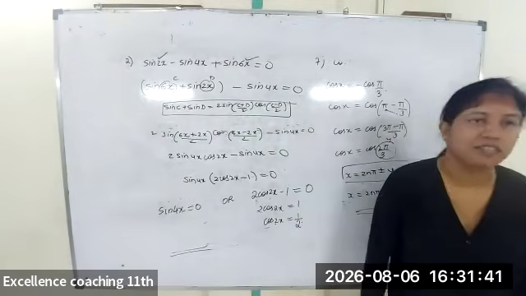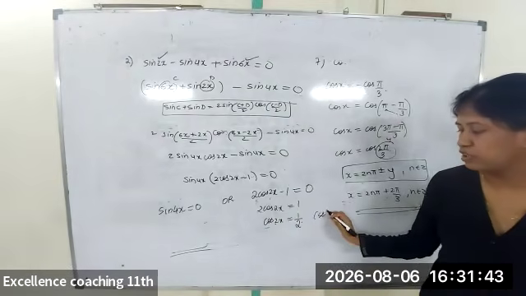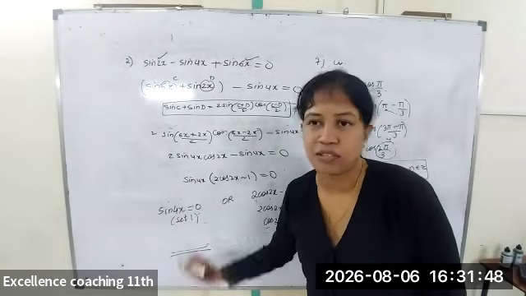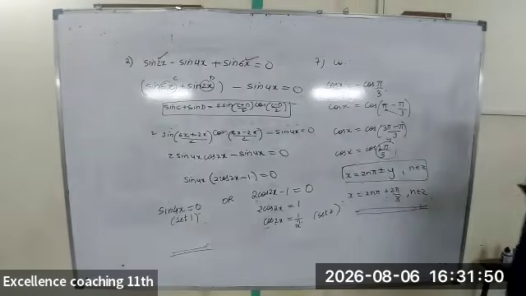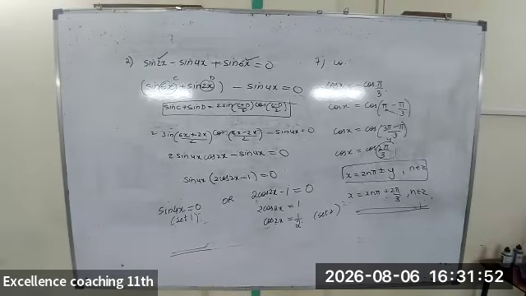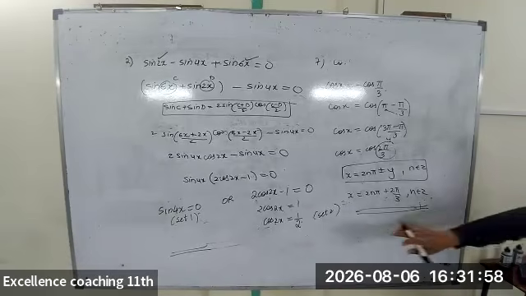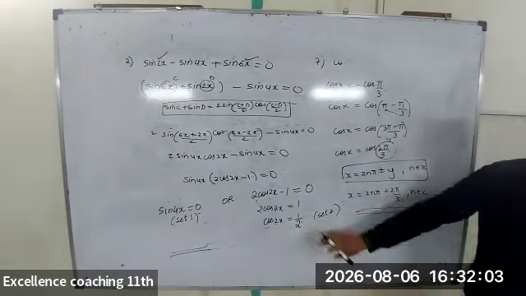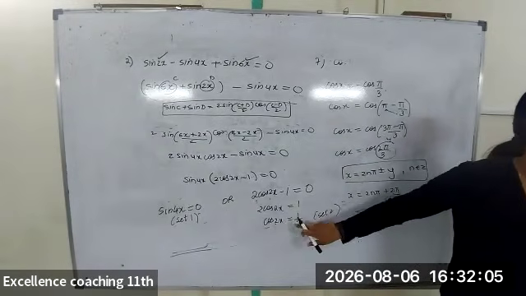Let's see, this is which category? Set 2. This is which category? Set 1. So write the solution. Understood everybody? Write a solution for sine. Now this is set 2, so write this also.